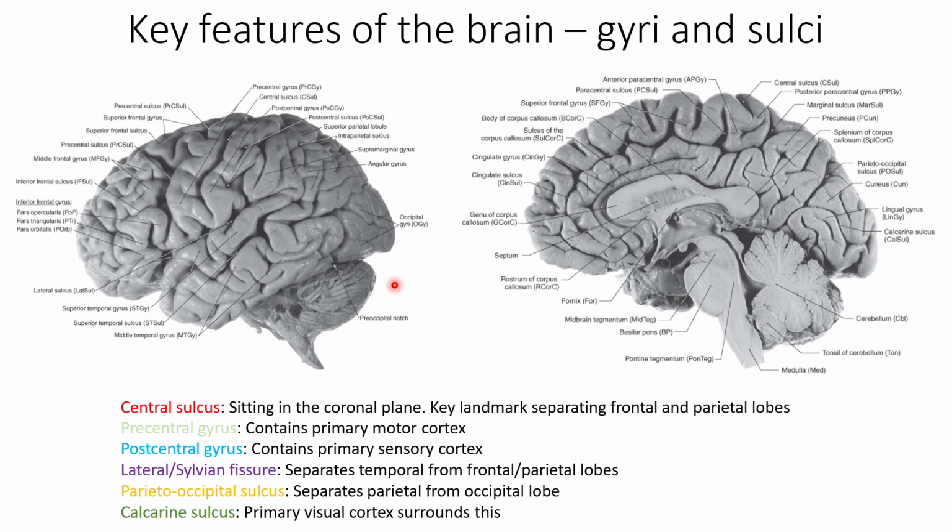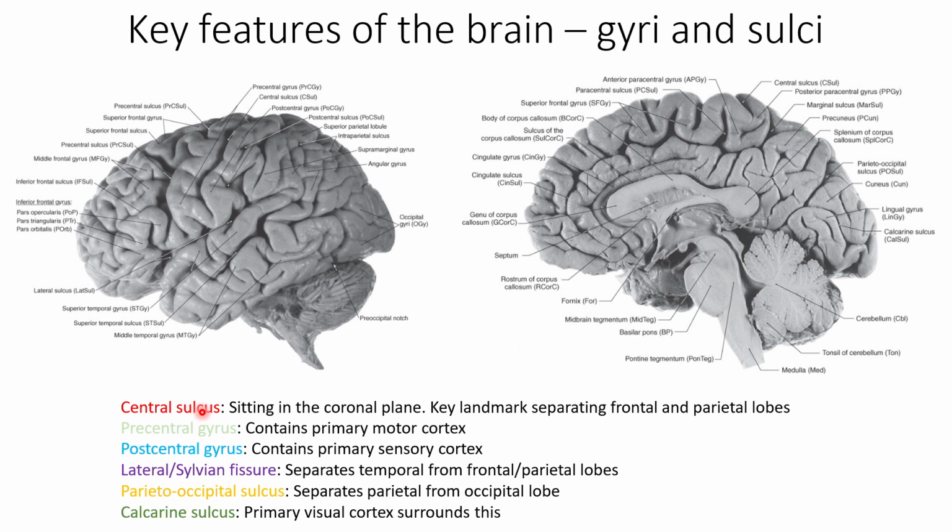Let's move on now to looking at some key features of the cerebral hemispheres. So we're looking now primarily at the folded portion of the cerebral hemisphere. And there are two important terms that we need to define, that being the sulcus and the gyrus.